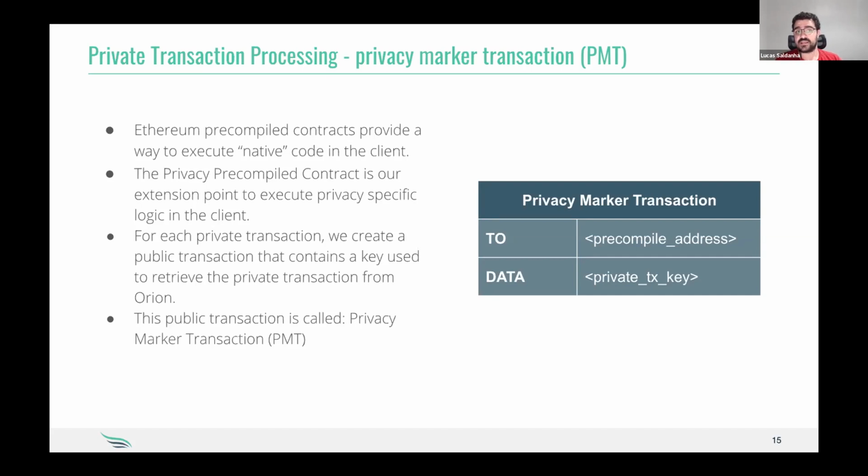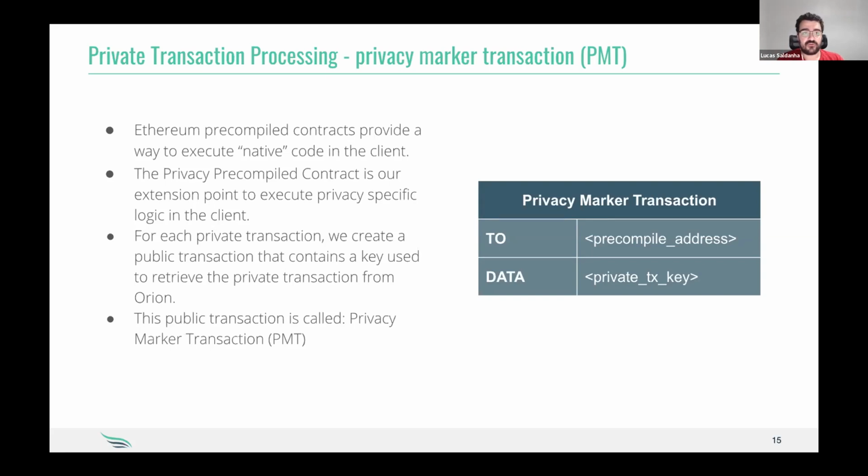When you're sending a transaction in Ethereum, the to field defines the address of the contract that should process that transaction. So in the PMT, we need to make sure that the to field is the address of the privacy precompile that should be executed.